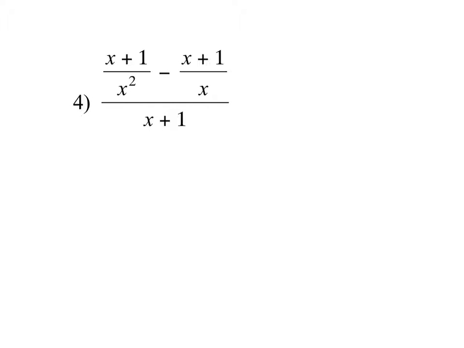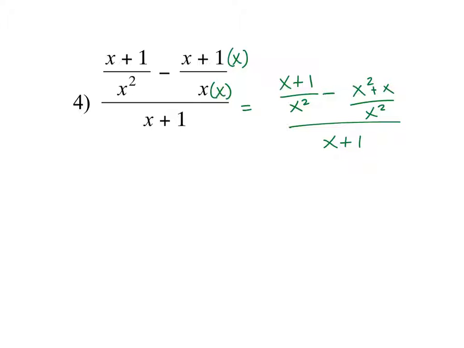Again, my common factor here is x squared. My least common multiple, my common denominator, is x squared. So I'm multiplying this fraction times x. So I have x plus 1 divided by x squared minus, that minus is very important. Remember that this is very important here. So x squared plus x divided by x squared, everything divided by x plus 1.